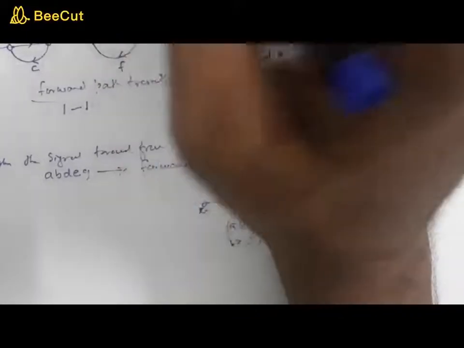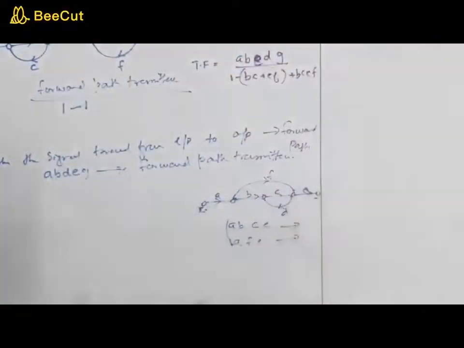You have a forward path and it goes in this way and reaches the same node. So the path from which the signal travels and reaches the same node is called a loop. So how many loops do you have? You have 2 loops, right? So you have the loop gain, or the loop transmittance.